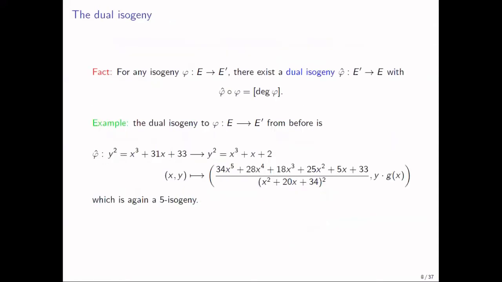One more thing, and this is more of a side note: for any isogeny going from E to E prime, there exists a dual isogeny going the other way. If you first go from E to E prime by phi, and then take the dual isogeny from E prime to E, you only get multiplication by the degree.